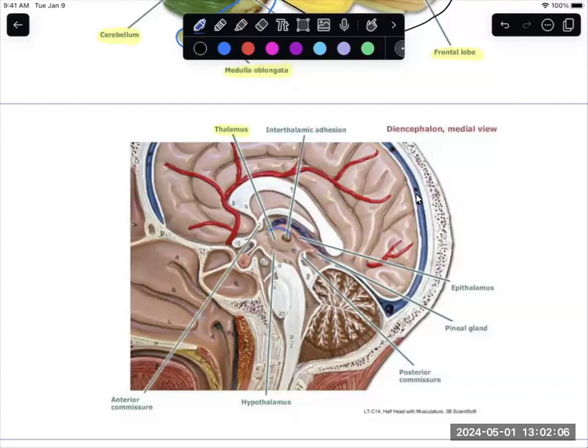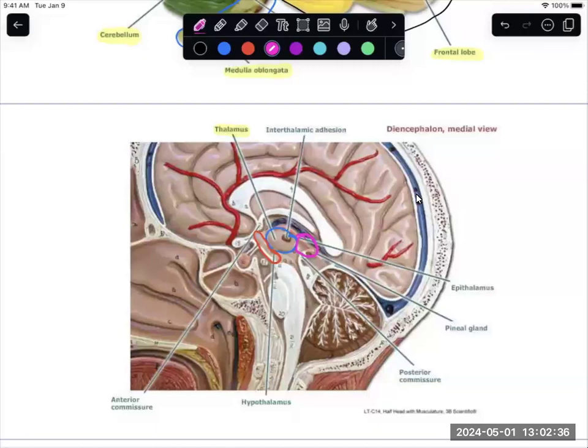This area through here is that main thalamus. This area down through here is that hypothalamus. Hypo means below. So it's below the thalamus. And then we have epithalamus in this area. Epi means above. This one's kind of behind, but it sits above.